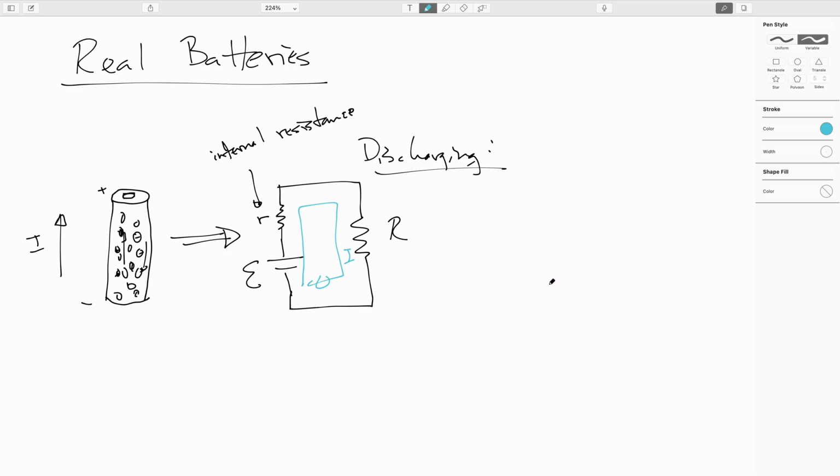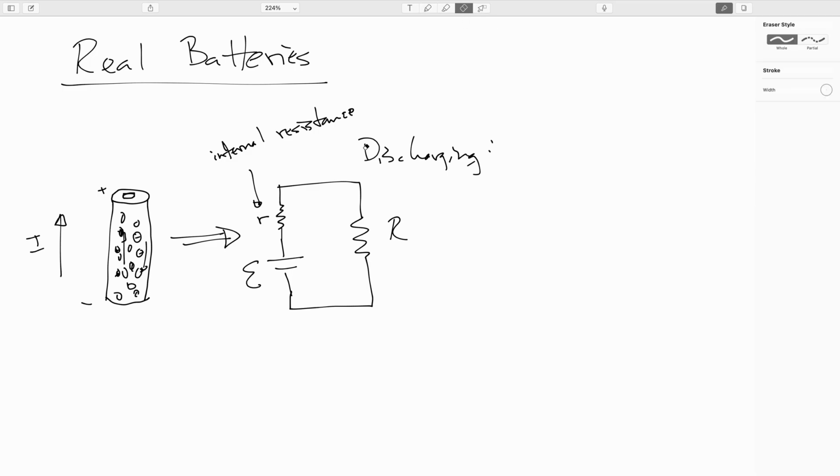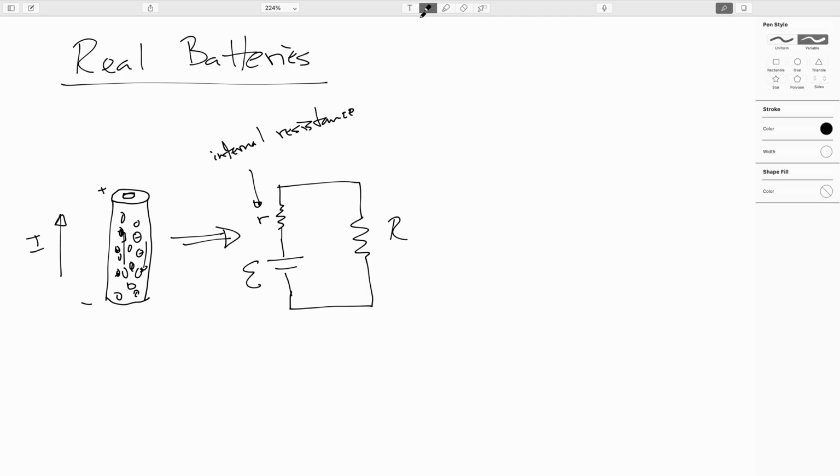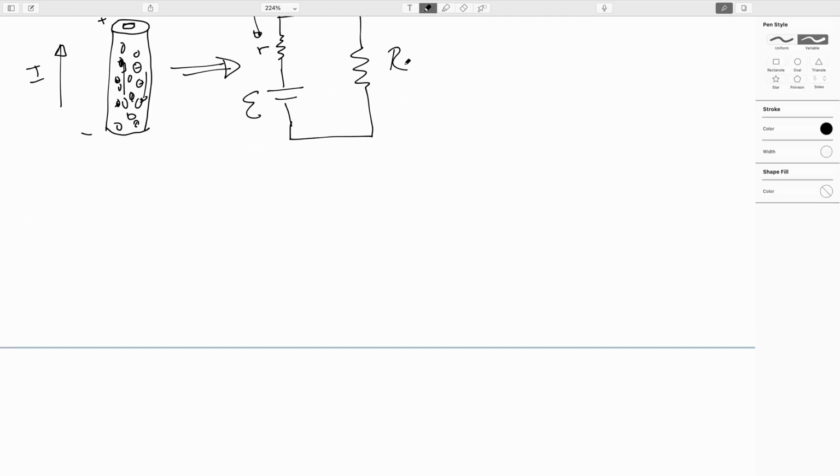So if I want to look at, let me just draw it like this so that we're less confused. So let's just take a look at a little stub of our idea of our real world battery here. So let's say we're discharging. So that would look something like this.